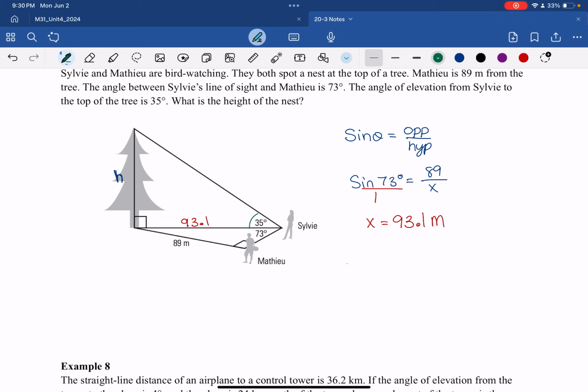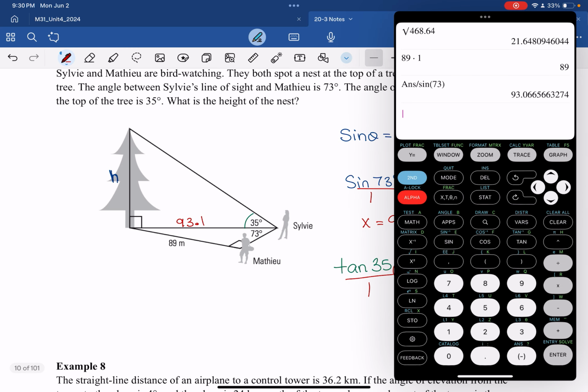Okay, so I'm going to use tan, because I have opposite and adjacent, of 35 equals H over 93.1. Okay. So I'm going to take 93.1 times tan of 35.